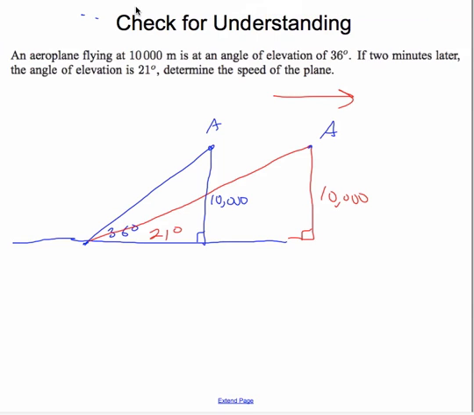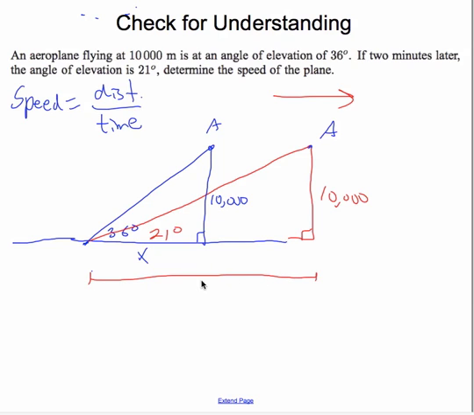So we use trigonometry to figure out the speed of the plane. Remember, speed equals distance divided by time. We need to find the distance that it traveled from here to here. So let's say we'll find x here in this small triangle, and then y is the distance here in this bigger triangle.